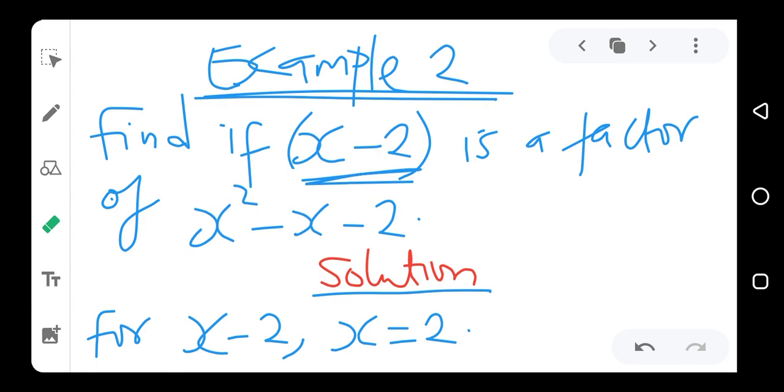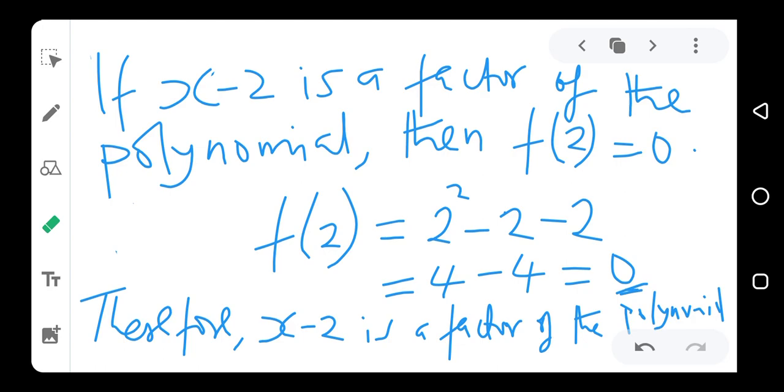So we now have 2 raised to power 2 minus 2, which is 4 minus 4, and that gives us 0. Since it gives us 0, then it means that x minus 2 is a true factor of the polynomial.